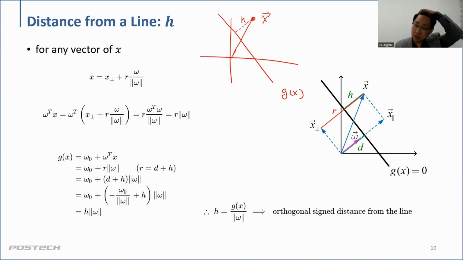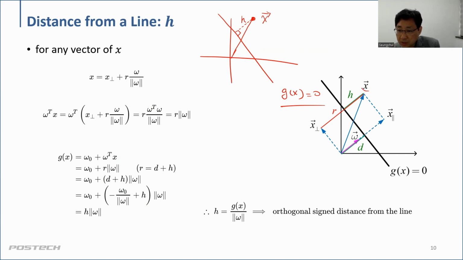So now we have 2D space, a straight line, and any data point. I want to compute the distance. The shortest distance will be like that, given this constraint. All right, so let's see how we can do it.